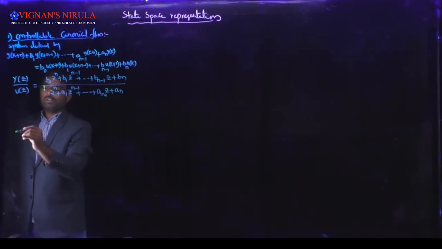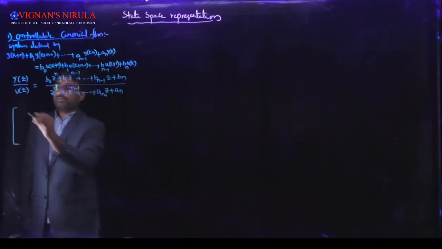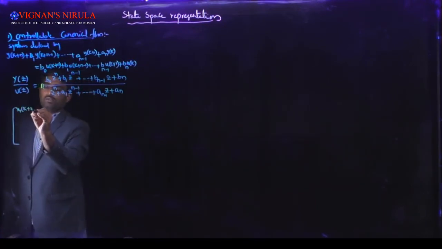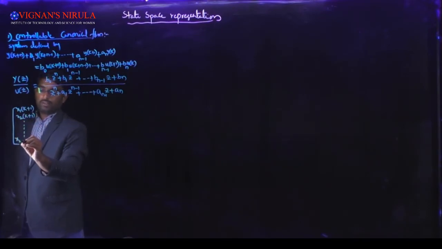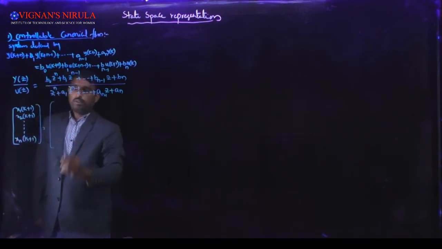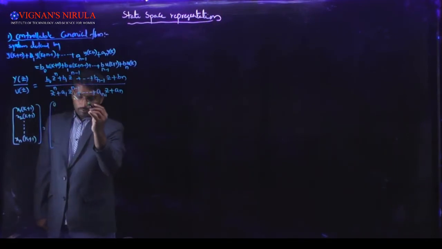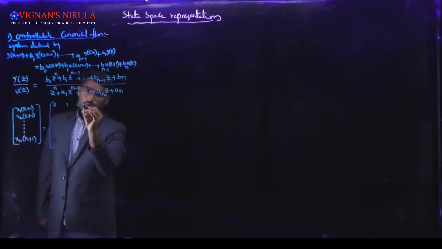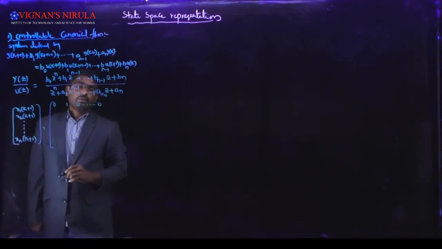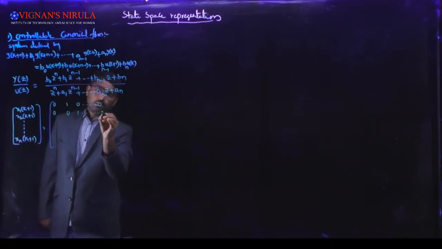Now for this pulse transfer function, we need to write the state space representation by using controllable canonical form. We need to write the state equation as well as the output equation. So x1 of k plus 1, x2 of k plus 1, and so on up to xn of k plus 1 equals, see here, the first row of the state matrix is 0, 1, 0 and so on, all zeros. The second row becomes 0, 0, 1 followed by all zeros.